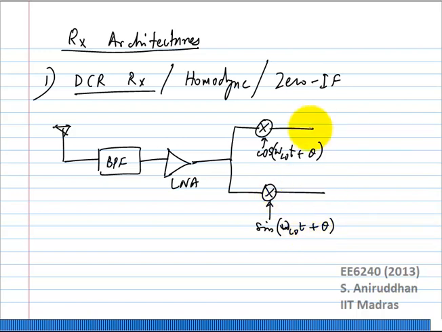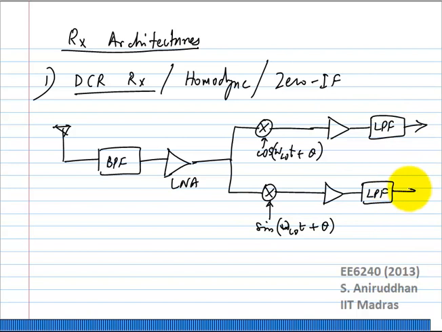I take the two outputs, maybe I have some gain, maybe I have some low pass filtering. Okay, and really these two will give me the I and Q outputs of the receiver.